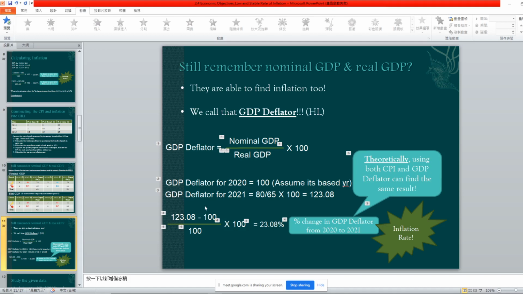Technically, the GDP deflator and CPI give you the same purpose. If you're using either one and trying to find the change, you will find the inflation rate as well. But that is just in theory.